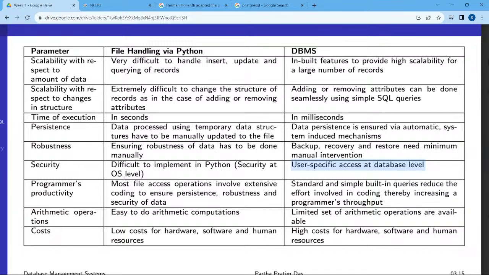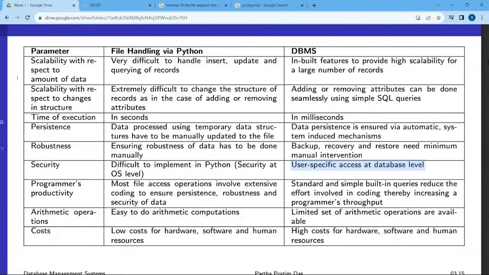Let's say person A would not have access to all the tables, whereas person B has access to all the tables. But person A has access to all the content in a table, whereas person B does not have access to every content in a table.